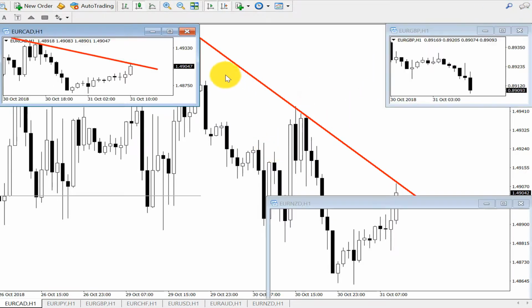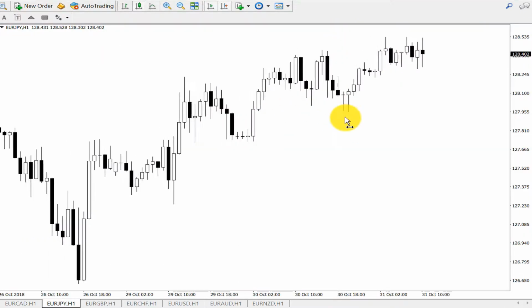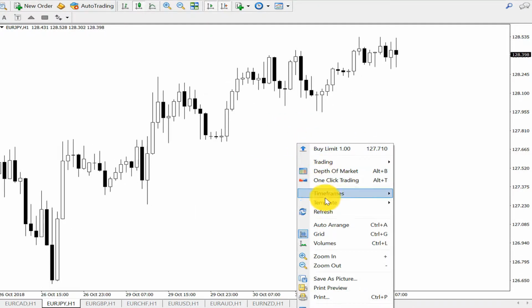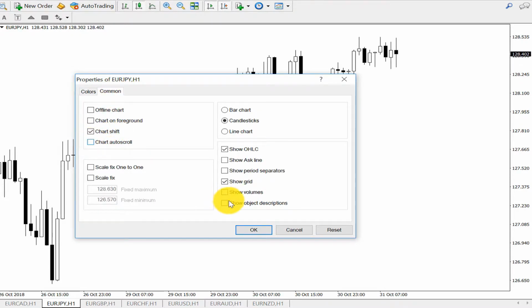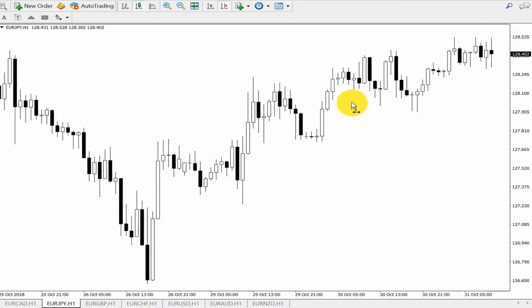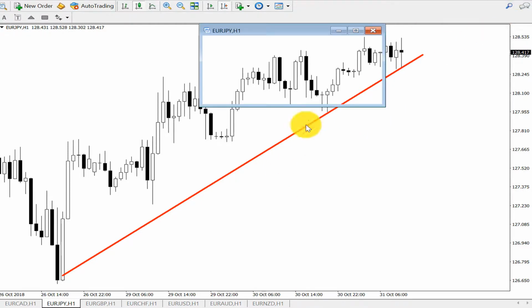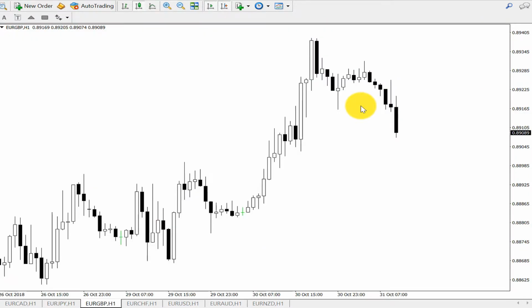Now let's go for euro JPY. In the 1 hour chart, this pair is in uptrend, this is not in downtrend. Again we will check euro JPY.